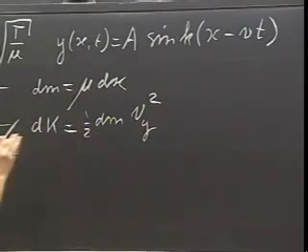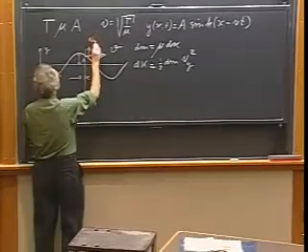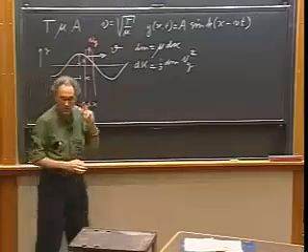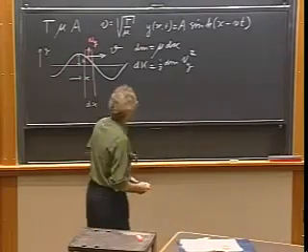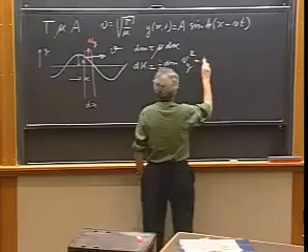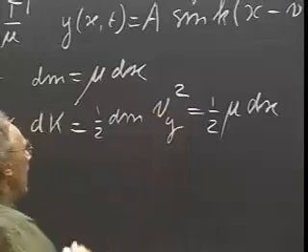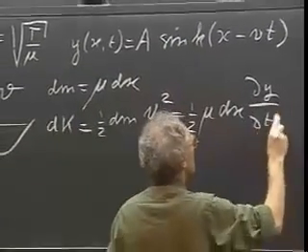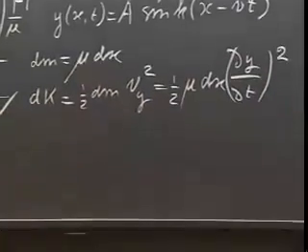If the wave is traveling in this direction, this material here is going up. A little later it will be more to the right, and so this is going up at this moment in time. So I can write for this 1/2 times mu times dx, and for v_y I can write then dy/dt squared. And so the question now is, what is dy/dt?